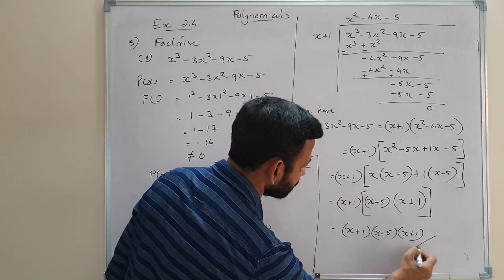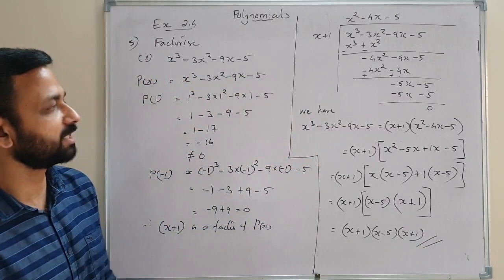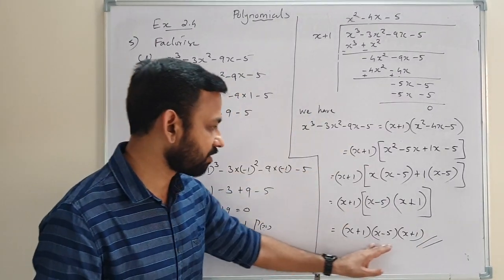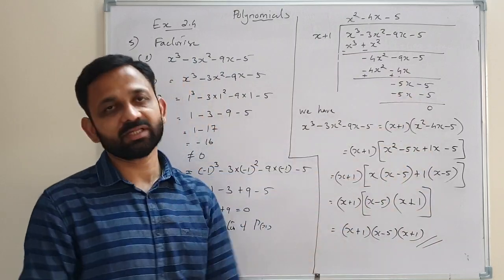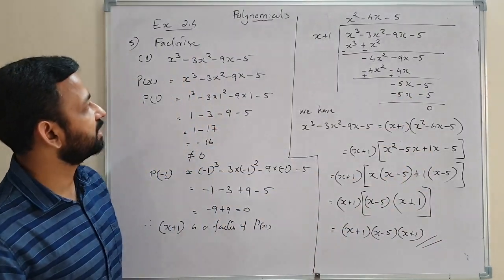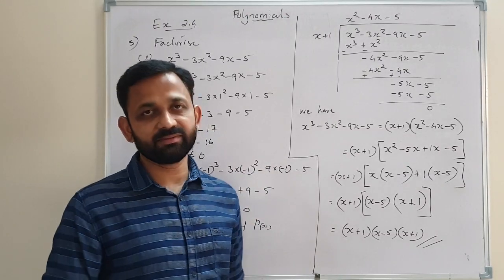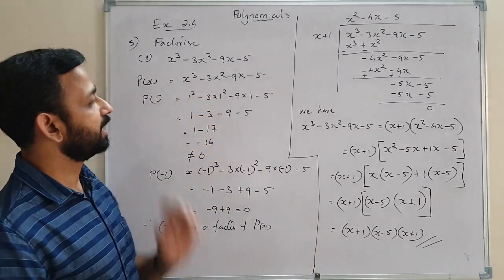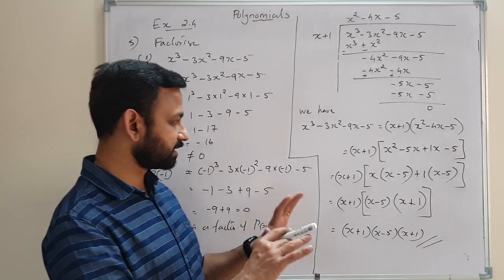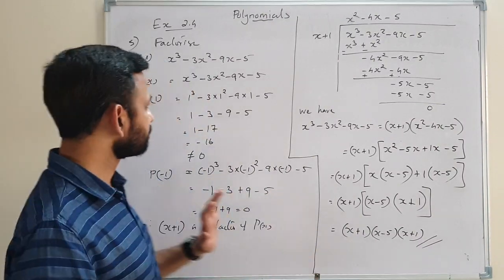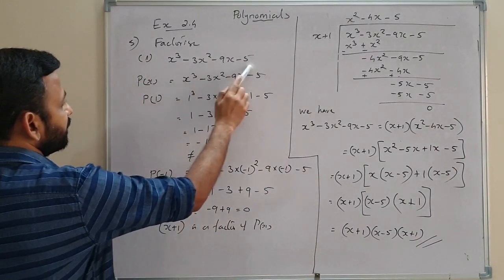So we converted the given expression as the product of factors. So this is factorization. This is the way we can factorize a cubic polynomial if we cannot factorize it by the normal method. So I will explain this question once again. Here, this is the cubic polynomial.